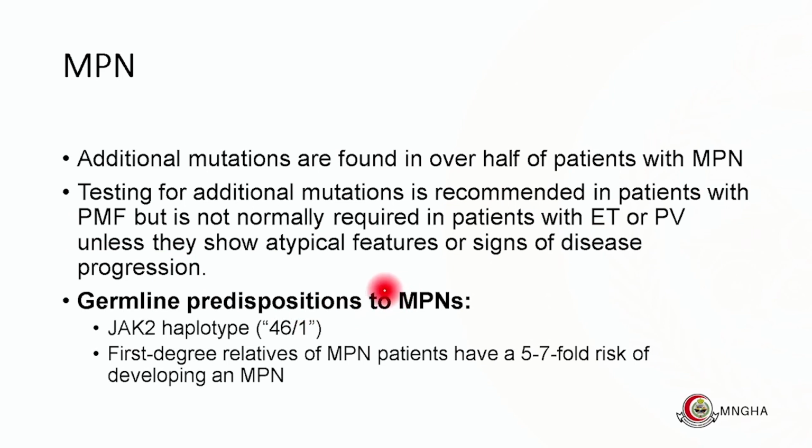Also, they stress the presence of germline predisposition in patients with MPN, as first-degree relatives of MPN patients have a 5 to 7-fold increase in developing MPN. Also, the JAK2 46/1 haplotype allele is present in about a quarter of the population, and it is hyperactivated and enriched in patients diagnosed with MPN, especially with the JAK2 V617F mutation.